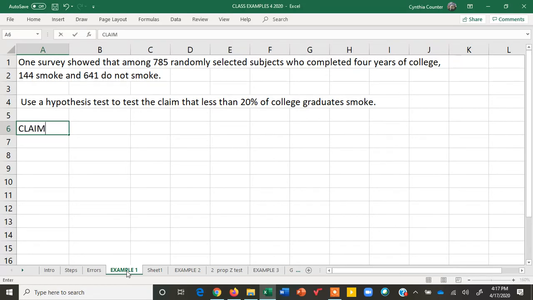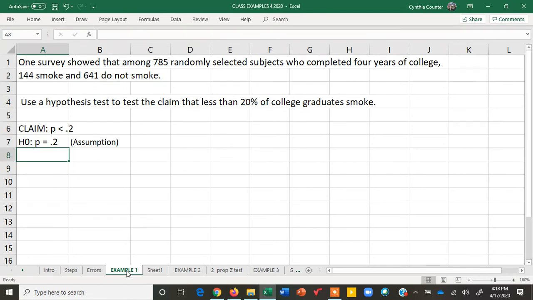So we start off with our claim that P is less than 0.2. Now we can form our null hypothesis, which is always a statement of equality. So this is the statement P equals 0.2. And remember, this is what we use as our assumption when we talk about finding our p-value.